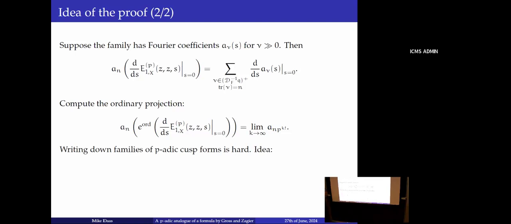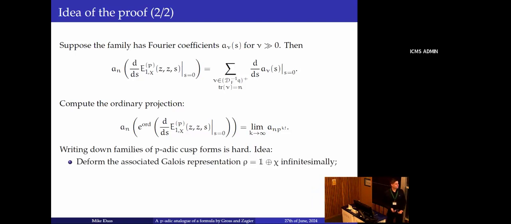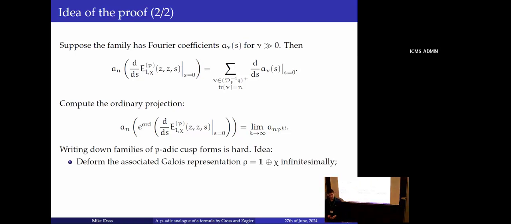How do you write down a p-adic family of cusp forms? It's not clear how you would do it. And the strategy that's been used in this setting is quite nice. You don't try to just write down randomly some kind of family of modular forms. You have no hope. But what you do is you look at the Galois representation associated with this Eisenstein series.